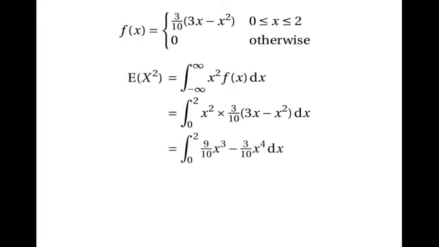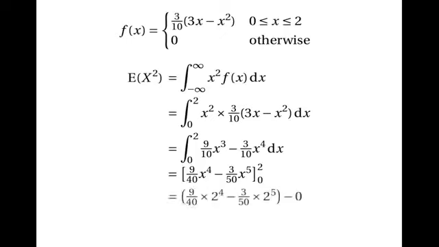That's the integral between 0 and 2 of 9/10 of x cubed minus 3/10 of x to the power 4, which is 9/40 of x to the power 4, take away 3/50 of x to the power 5, evaluated between 0 and 2. In other words, 9/40 times 2 to the power 4 minus 3/50 times 2 to the power 5, which is 42/25. Okay, well that's the value of the expected value of x squared.